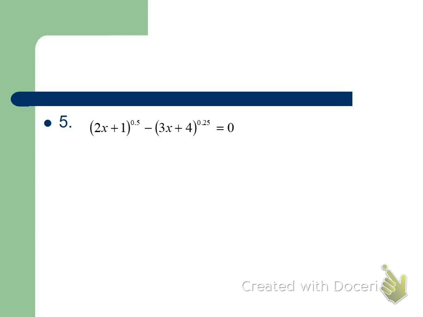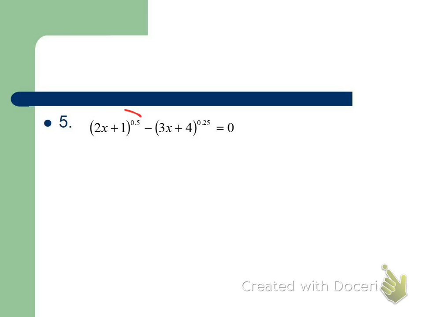What is 0.5 as a fraction? 1/2, and 0.25 is 1/4. All right. The rule we just wrote was to isolate one of those terms or one of those expressions. So you get to pick which one you want to get alone. In this case, they will both sort of be alone.